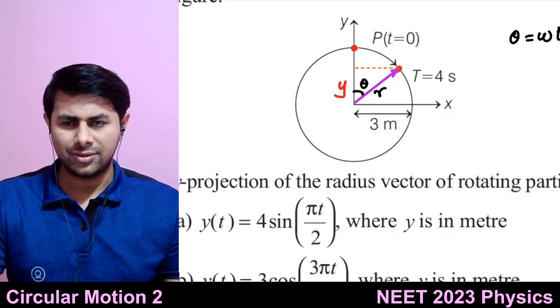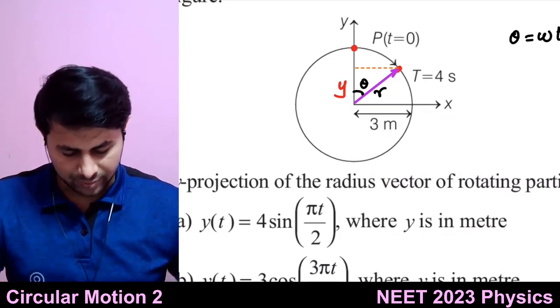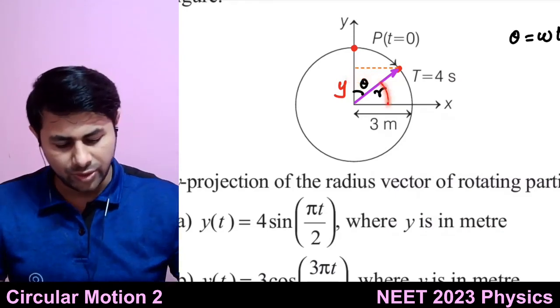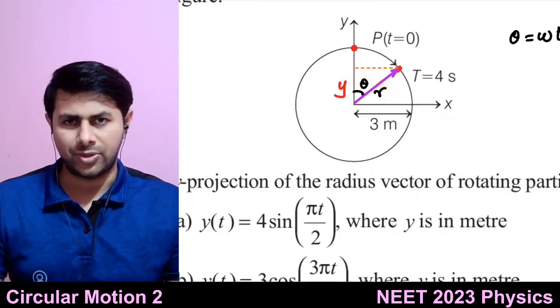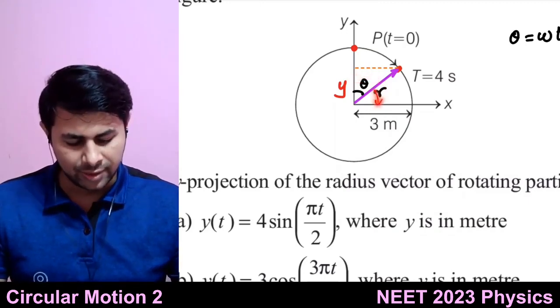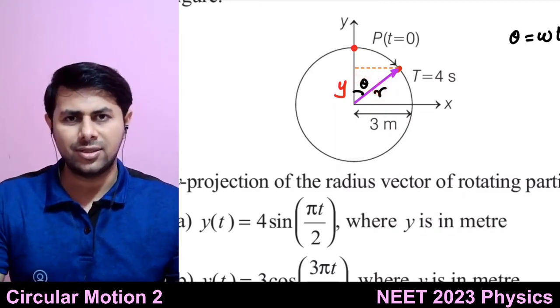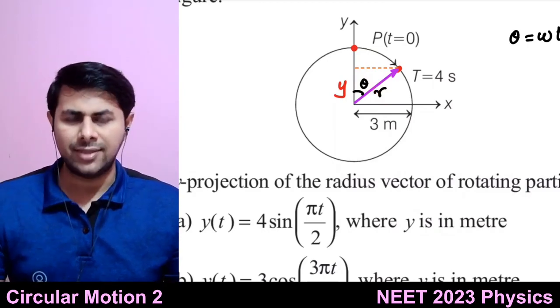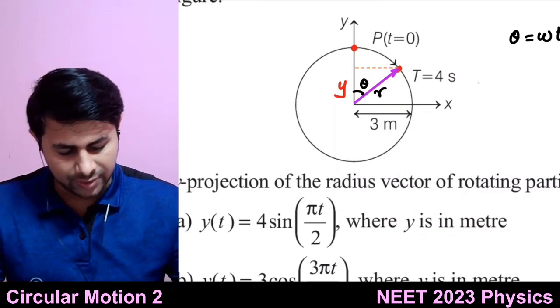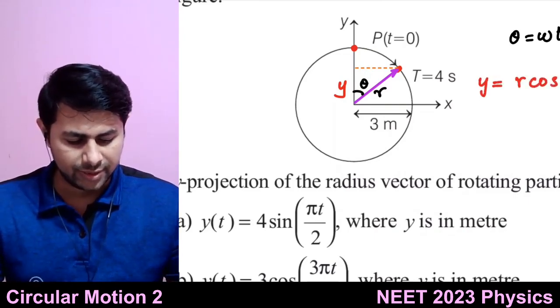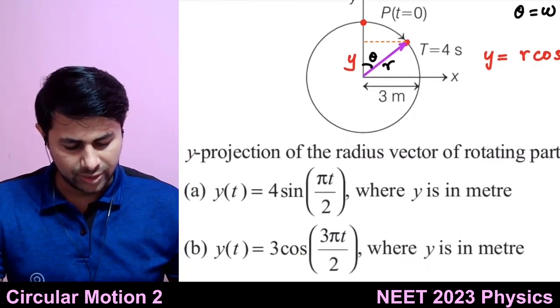R cos theta. Okay, please remember this. If you are going through the angle, it is cos component. If you are going away from the angle, it is sine component. So this is cos component. So y is equal to r cos theta, and theta is omega t, right? So now tell me.